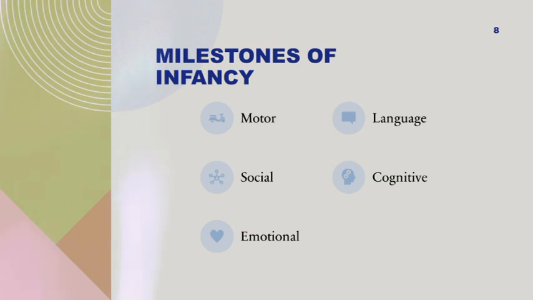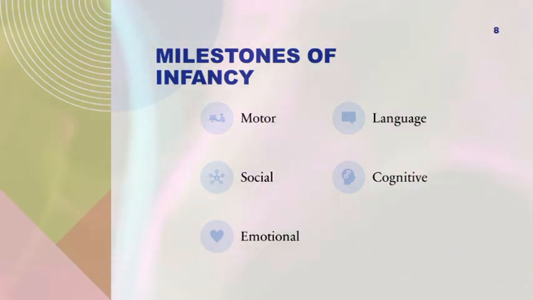Infants begin to babble, producing repetitive sounds and syllables, before gradually developing the capacity to recognize and produce meaningful words. By the end of the first year, many infants can understand simple commands, respond to their names, and engage in early forms of social communication.